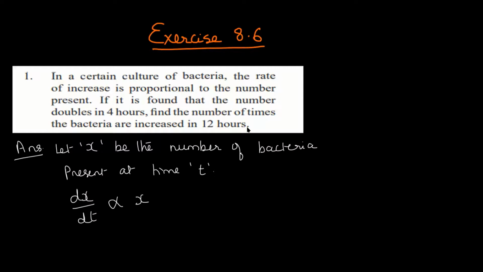We convert this proportionality sign into equality sign and we write it this way, that is dx upon dt is equal to kx, it is k into x, where k is the constant of proportionality. This will come in all the sums actually.